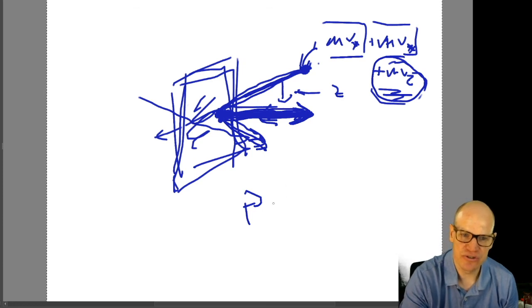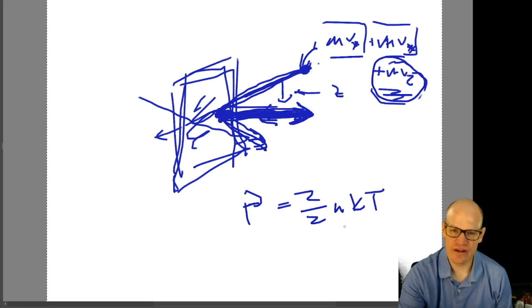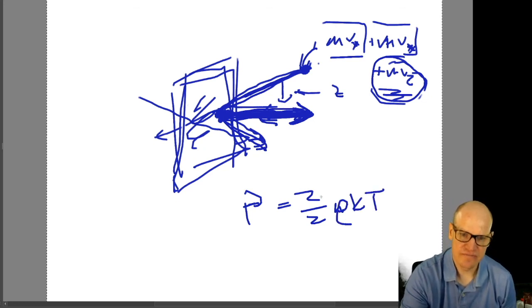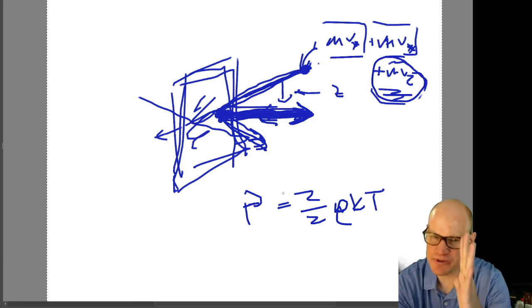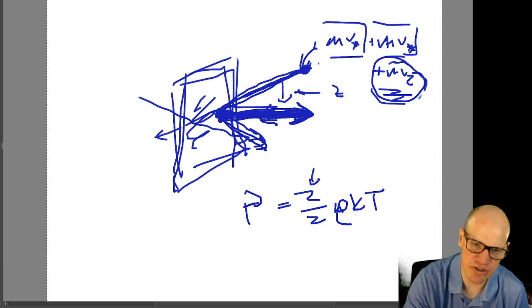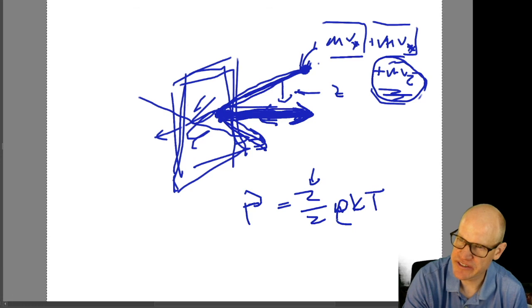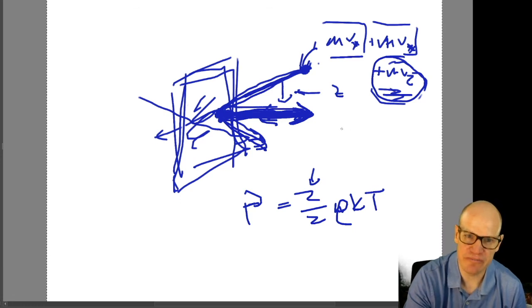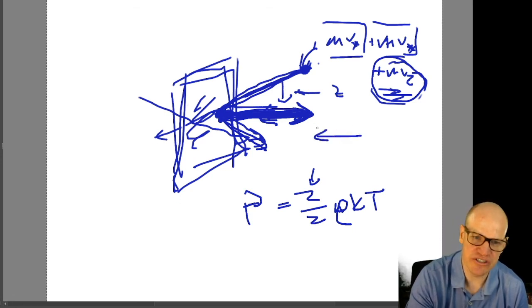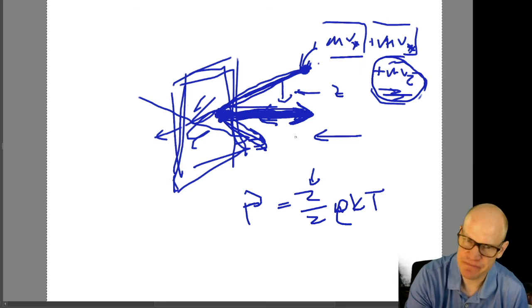And that gives you that the pressure is equal to 2/2 nkT, rho kT. Where if you have an absorptive surface, then the pressure would go to 1/2 rho kT, which is the 1 degree of freedom, the energy that's in a particular direction.